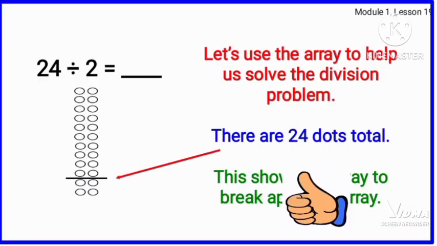That's simple, isn't it? Let us use the array to help us solve the division problem. You see the array? 1, 2, 3, 4, 5, 6, 7, 8, 9, 10, 11, 12. 12 rows of 2. There are 24 dots in all.